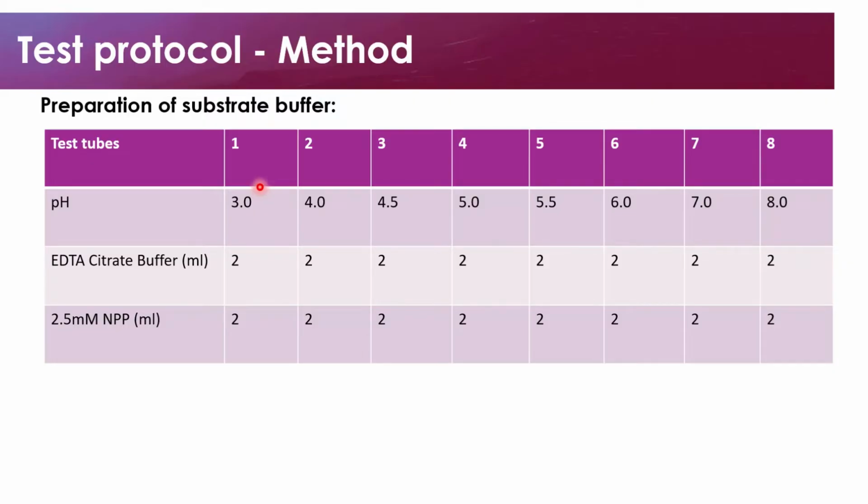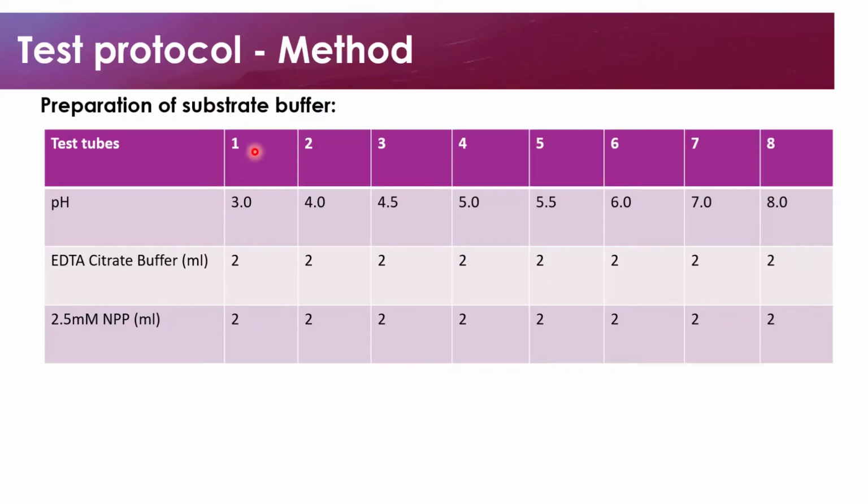We can see that the table contains 8 test tubes, labeled as 1, 2, 3, 4, 5, 6, 7, and 8. It also contains an amount of EDTA in mL and a volume of our artificial substrate in mL. So now let us take the test tubes one by one and look at how to prepare each substrate buffer.